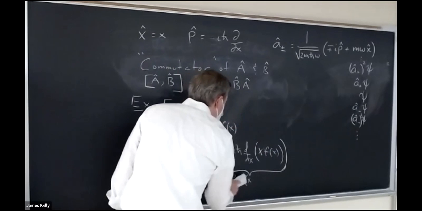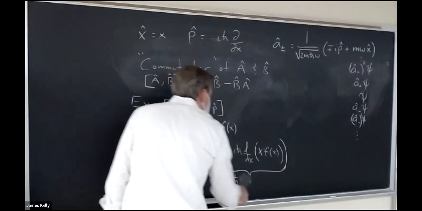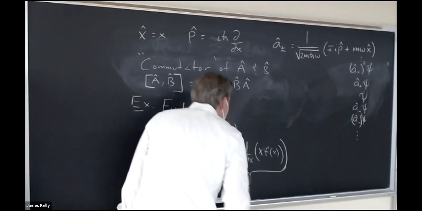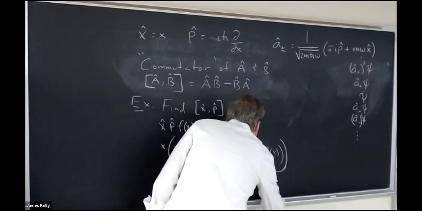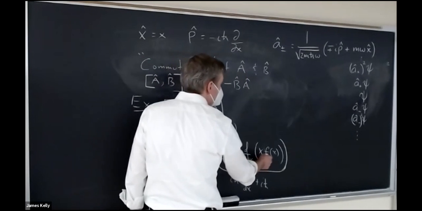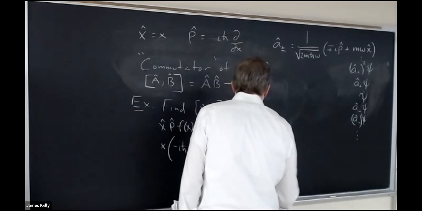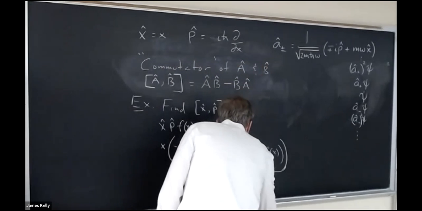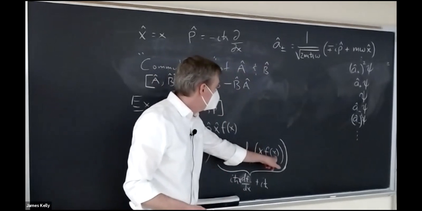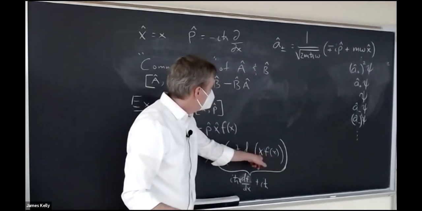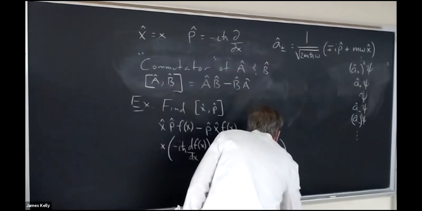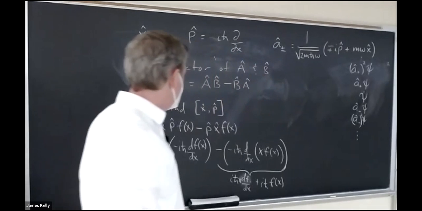Sorry, I forgot my derivative, df/dx. Plus the second part of the product rule will be plus i h bar times x df/dx. Oh, I'm doing them in the wrong order. Okay, so there we go: x times df/dx plus dx/dx, which is 1, times f of x. I think I got that right.